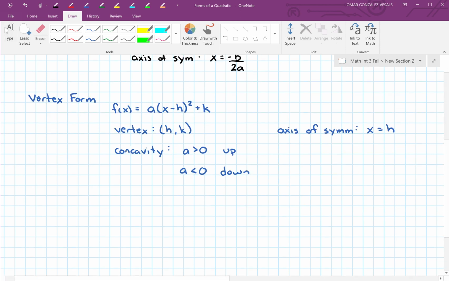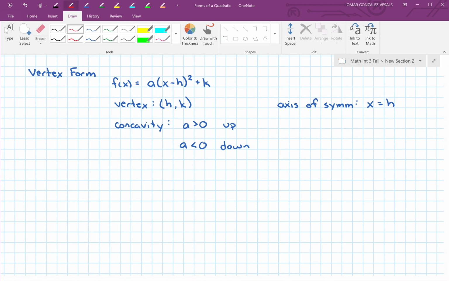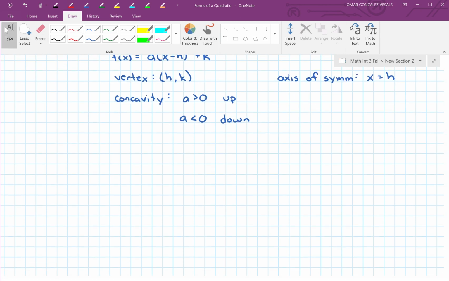Okay. And then the last form that we have is called factored form. And factored form, it's pretty good. It's not bad. F of x equals a times x minus r1 times x minus r2.